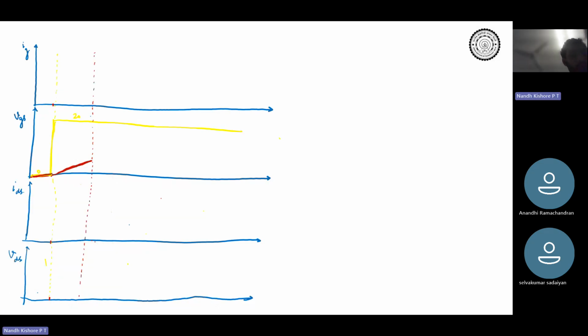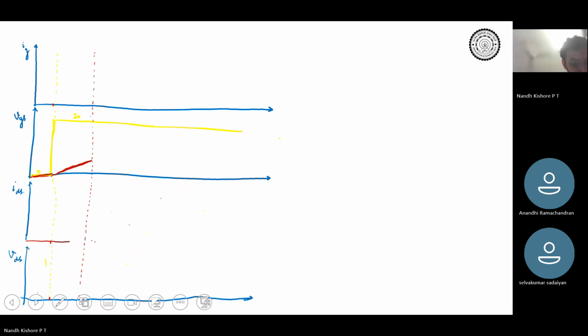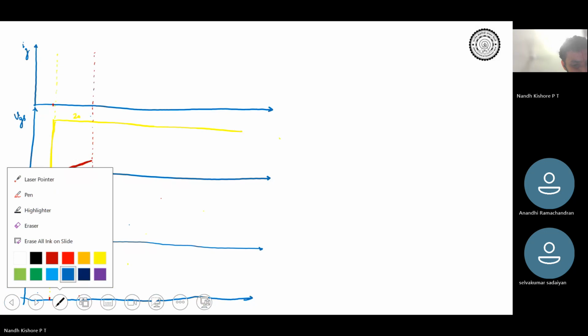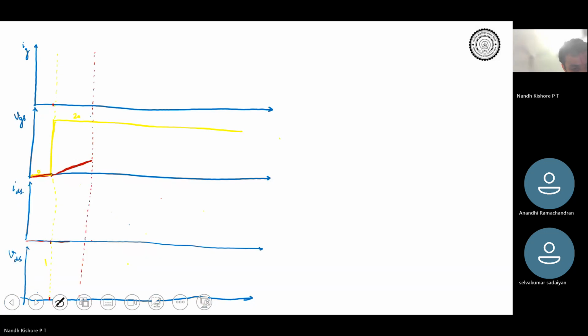Okay, so this was our VGS. So of course, since it is less than V threshold, my drain source current is going to be 0. So drain source current is 0, and your drain source voltage is going to be VDC.